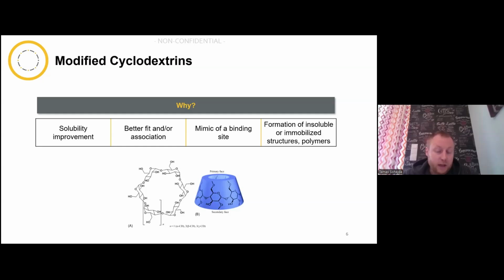And why was the modification of the cyclodextrins important? What we're talking about is modifying the cyclodextrins in this position and this position and this position. The OH groups of the cyclodextrin can be chemically modified in order to improve the solubility of the cyclodextrin.